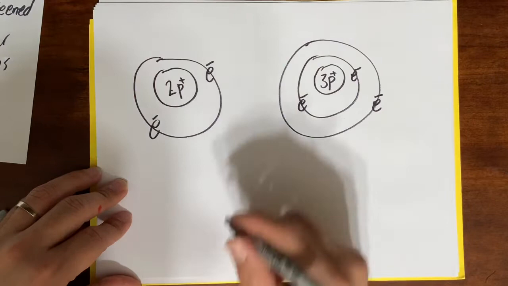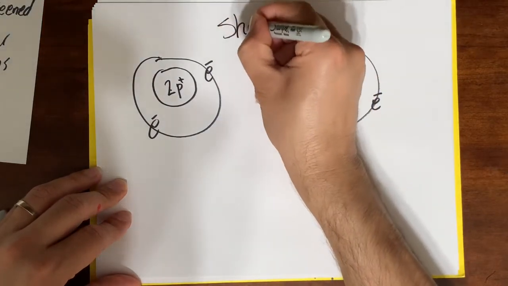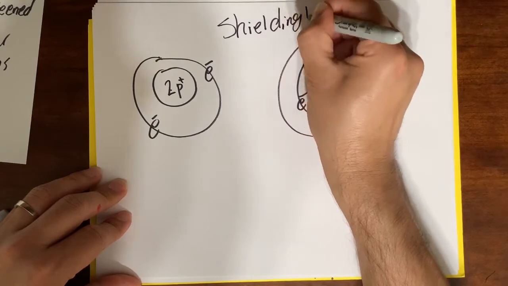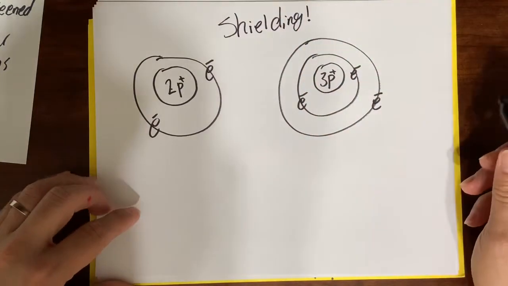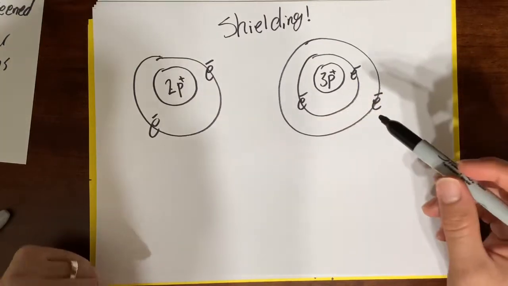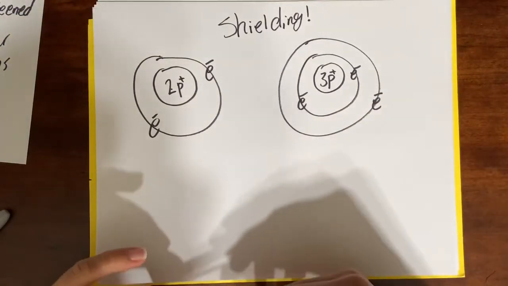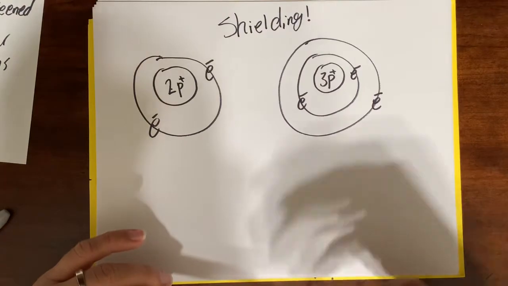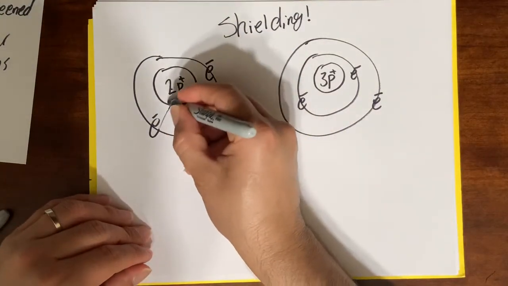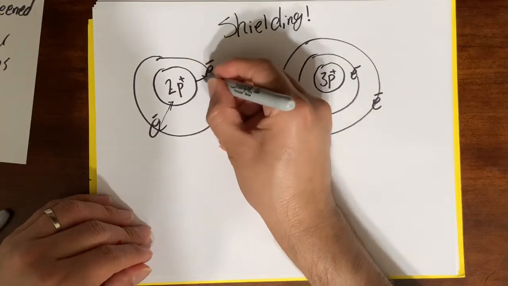We want to talk about shielding. The shielding effect says the more inner electrons you have, the higher the shielding effect you will see. Right now, these 2 electrons can see the nucleus directly.